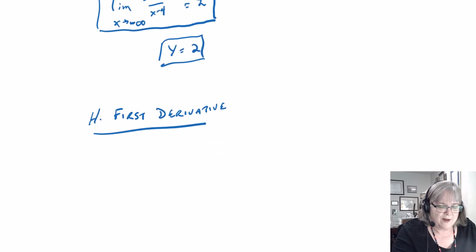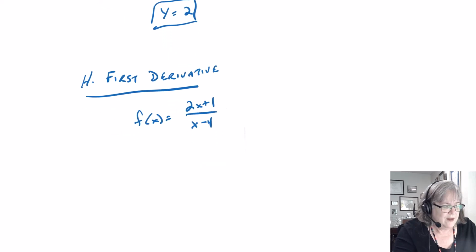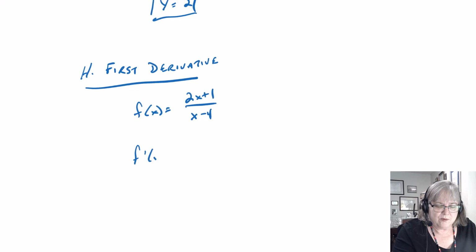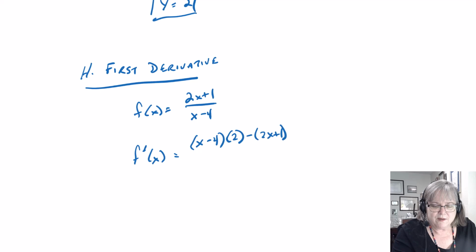And I'm going to write down the original function so you can actually see it. And so this is the quotient rule. So it's the bottom times the derivative of the top minus the top times the derivative of the bottom over the bottom squared.